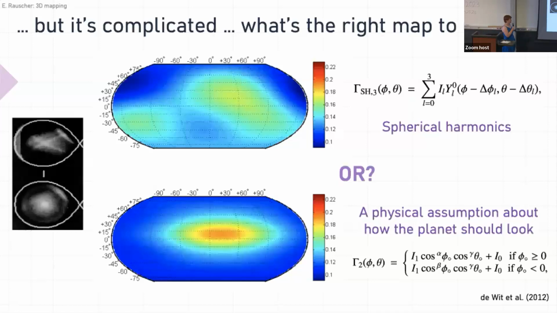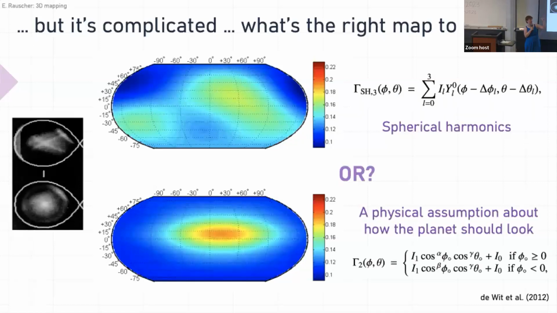And in one of those papers, the one by DeWitt and his collaborators, they really nicely sketched out how the map that best fits those data depends on the framework that you use for the mapping. So on the top example here, they said, well, spherical harmonics can be a perfect basis set for describing a pattern on a sphere.